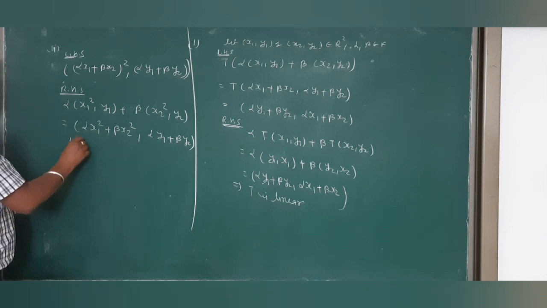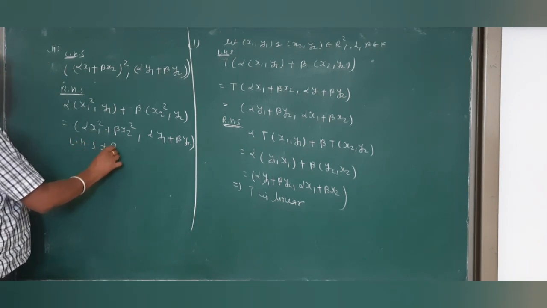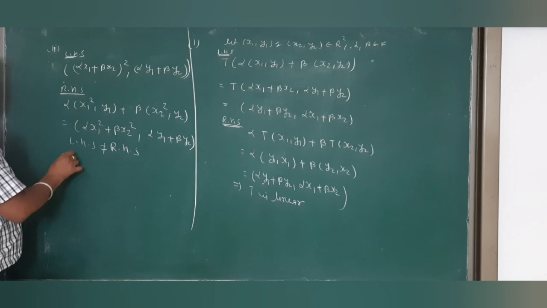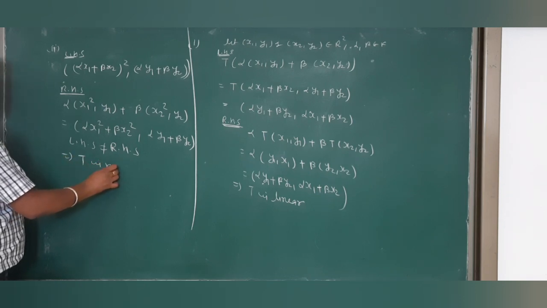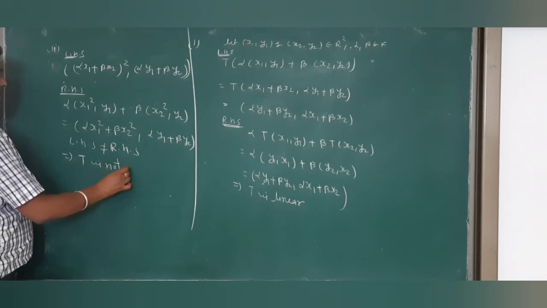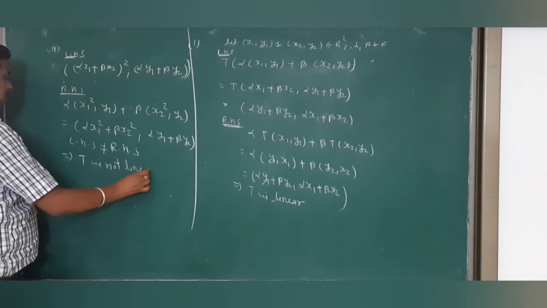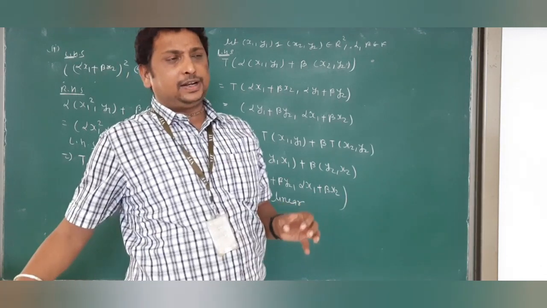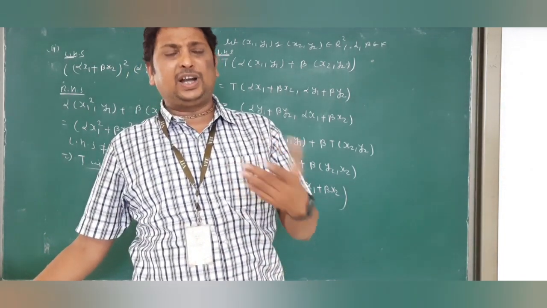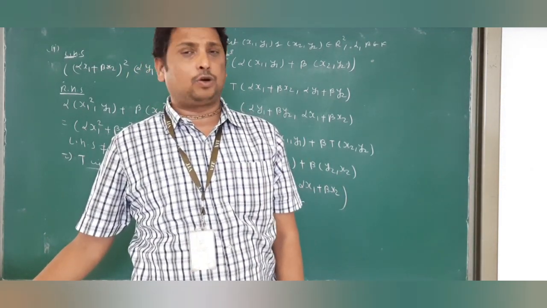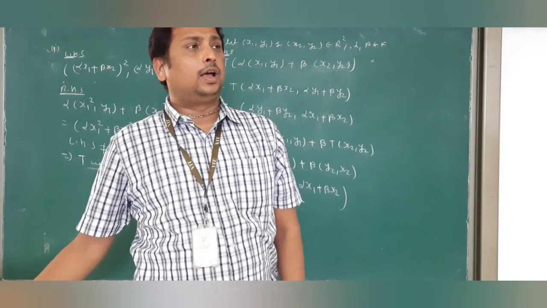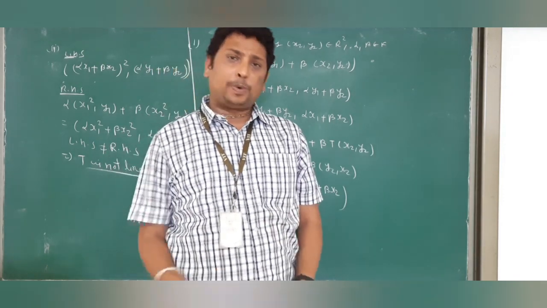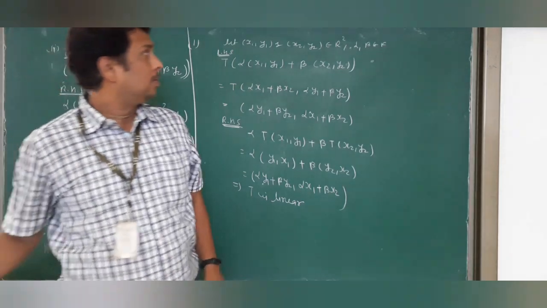It means LHS is not equal to RHS. It means T is not linear. So in this way we can tell when T is linear and when T is not linear. This is the way.